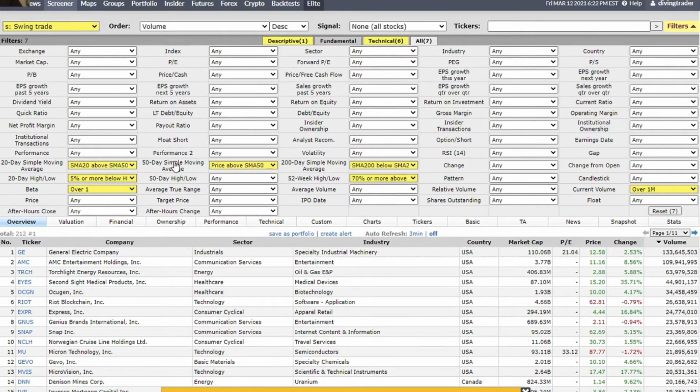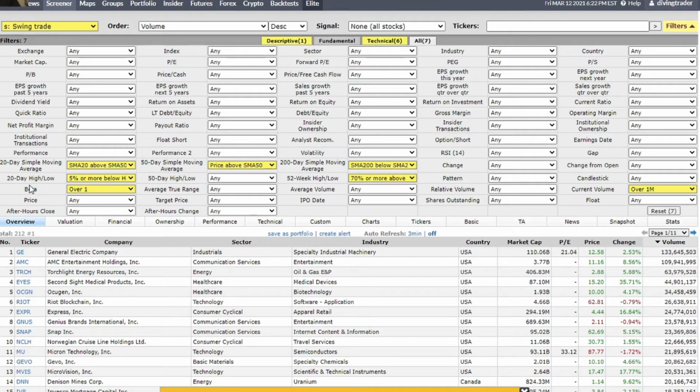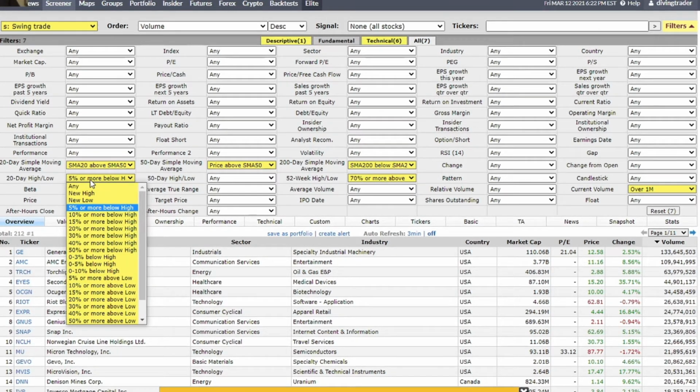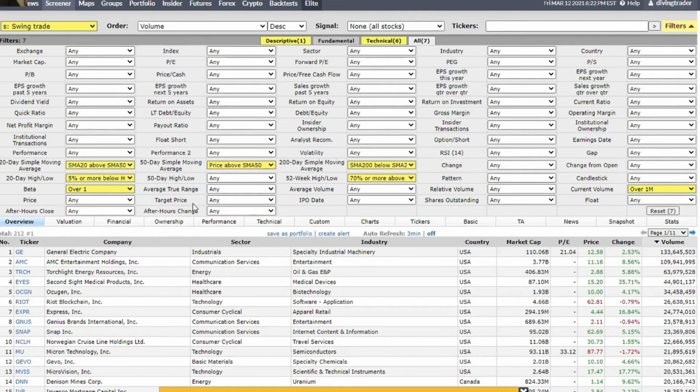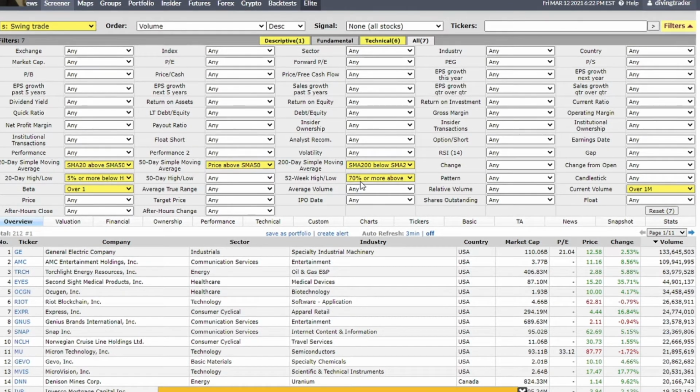Those are the three criteria for the moving averages, and that will give us a good basis to begin. Also, we want the 20-day high and low to be 5% or more below the high. For the 52-week high-low, we want it to be 70% or more above. And then here we want the volume.